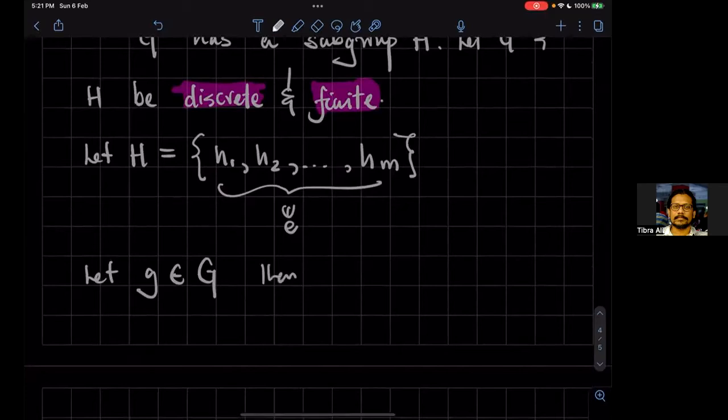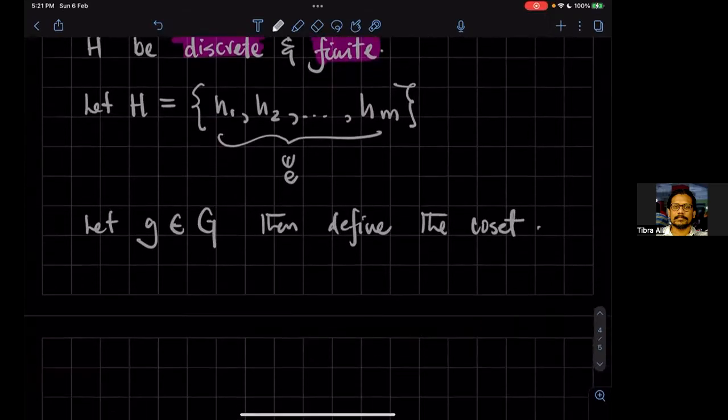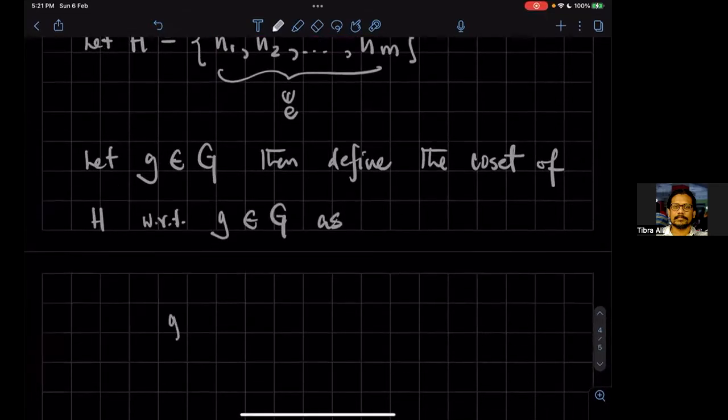And then we define the coset of H with respect to the element small g in G as g times H. I think it's the left coset.